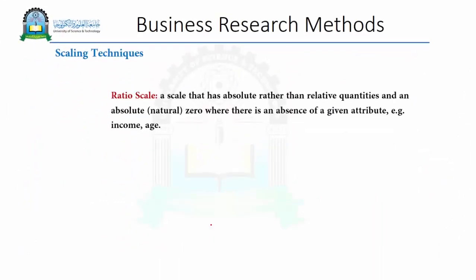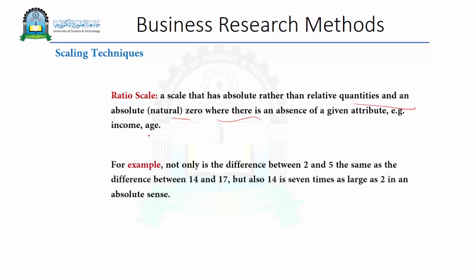The last scaling technique is what we call ratio scale. This type of scale has absolute rather than relative quantities and an absolute natural zero where there is an absence of a given attribute. Example, income or age. So you just double it from 2 as a ratio.